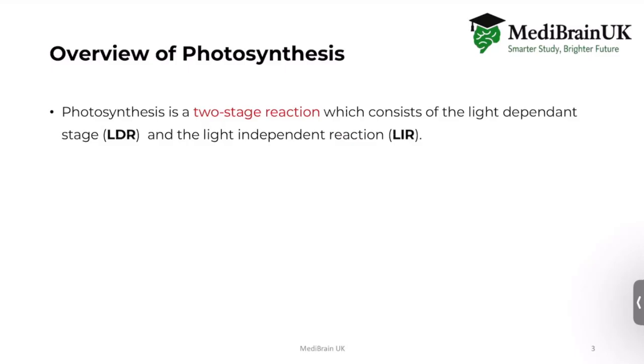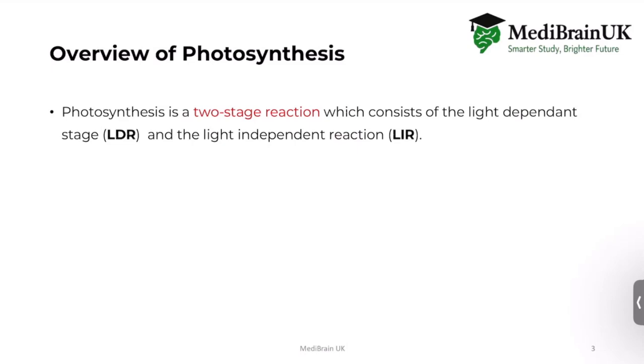That's the first stage. And then you've got the second stage, which is your light-independent reaction, which is also known as the Calvin cycle. Okay, now these are commonly abbreviated to LDR and LIR. So whenever I mention LDR, I mean the light-dependent reaction, and whenever I mention LIR, that means the light-independent reaction.